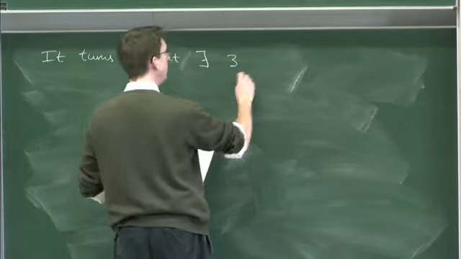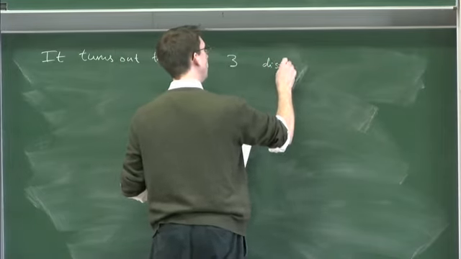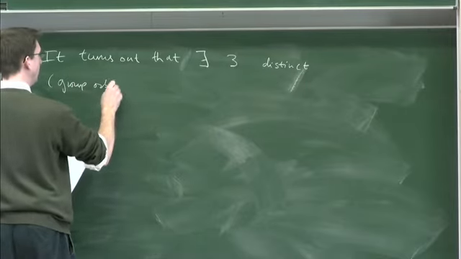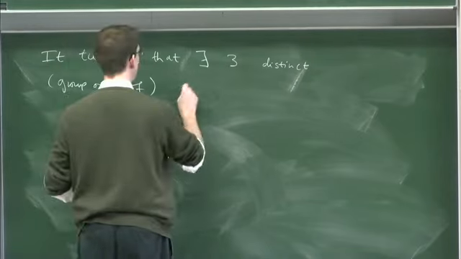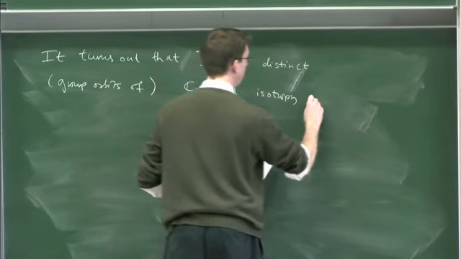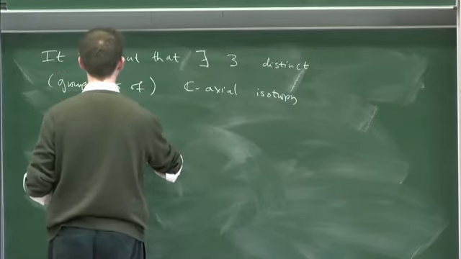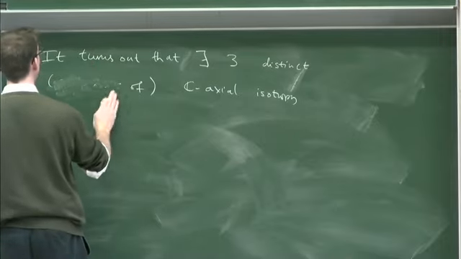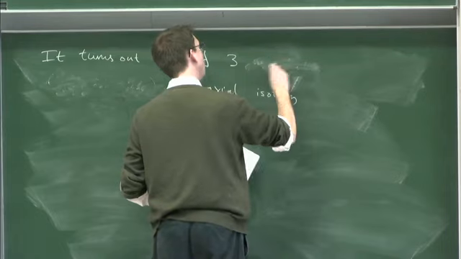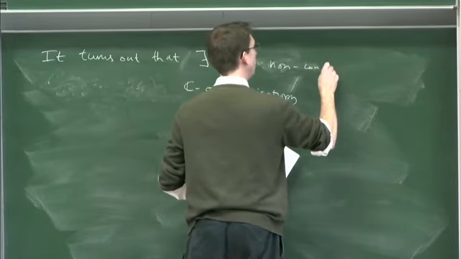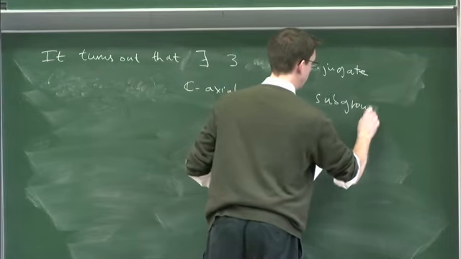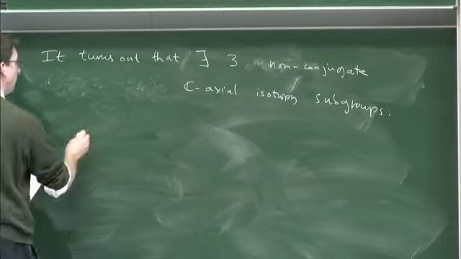So there are three conjugacy classes of non-conjugate axial isotropy subgroups.